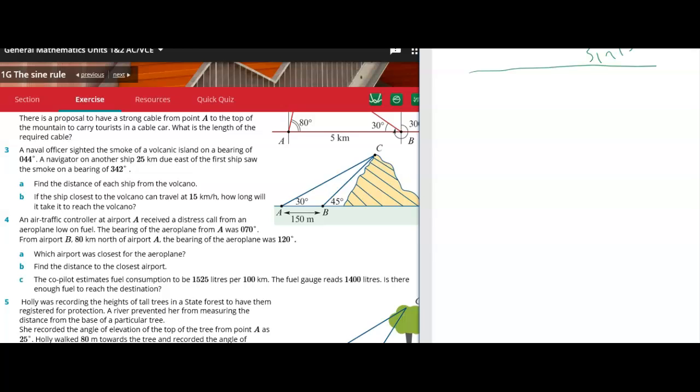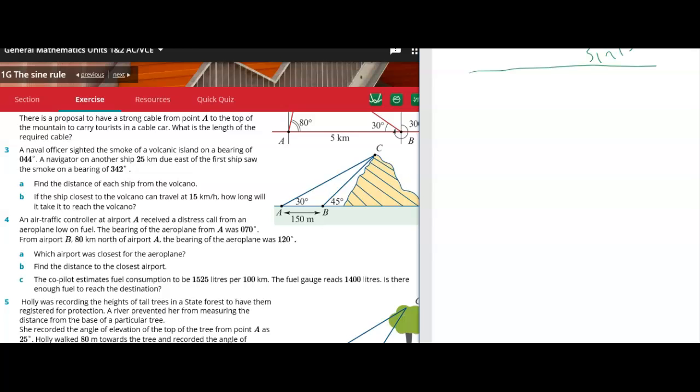A navigator on another ship 25 kilometers due east of the first ship saw the smoke on a bearing of 342. So when you're drawing your diagram, I always say draw it in the middle to give you enough space to figure out which direction you're going in. Or you can just read the whole question and get an idea of what it is. So I know the diagram is going to be similar to the one that we did first, question 1 or question 16 in your textbook.